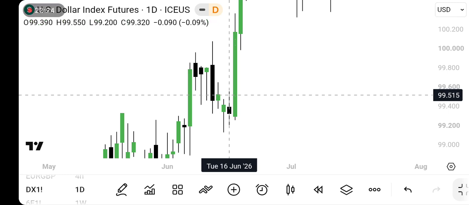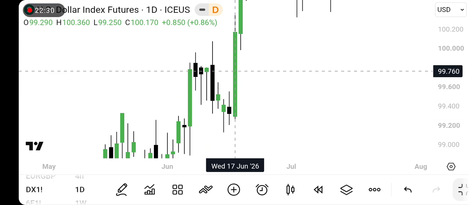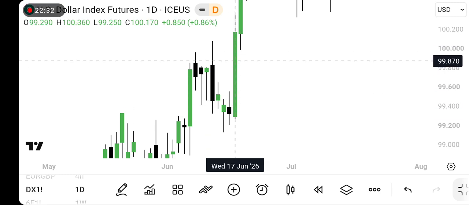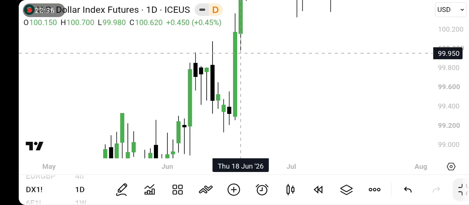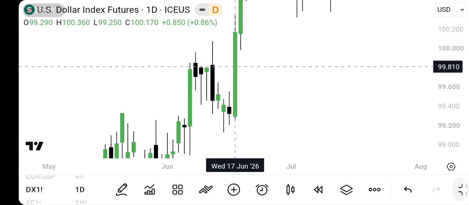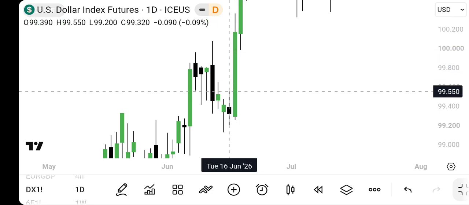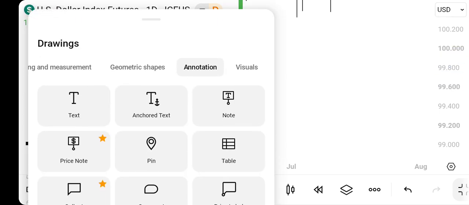So you can clearly see that for candle 1 that formed on the 16th of June, the high price went above it and closed with a candle body above it. Then the low of candle 3 on the 18th of June formed, and that low did not come and close up the space between candle 1 and candle 3. So that makes it a fair value gap. Alright, this is a bullish fair value gap.